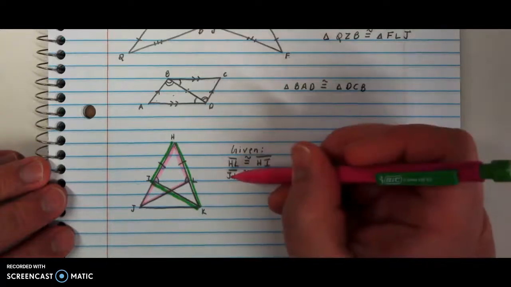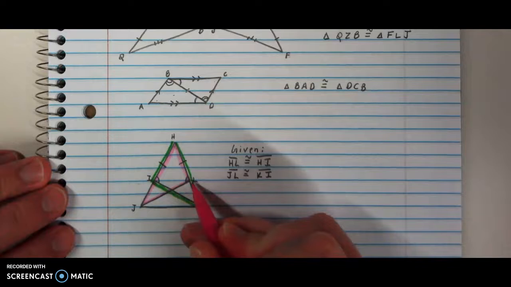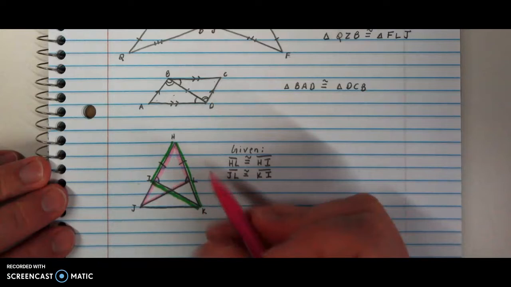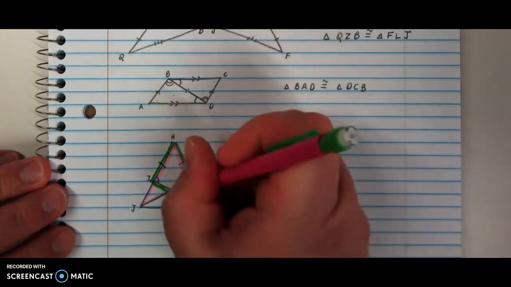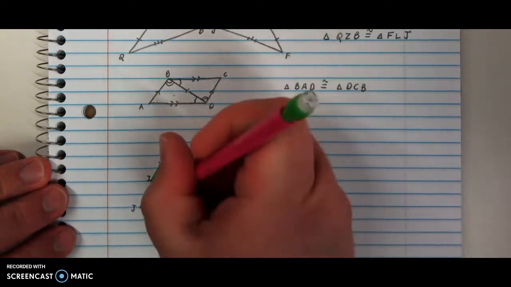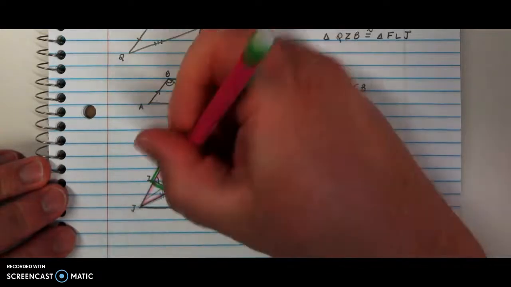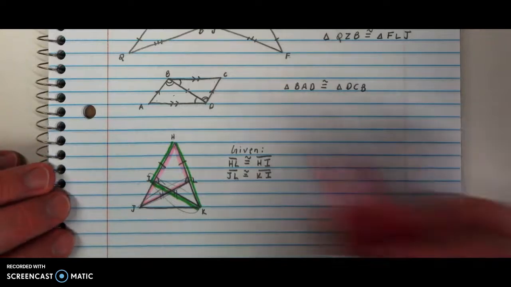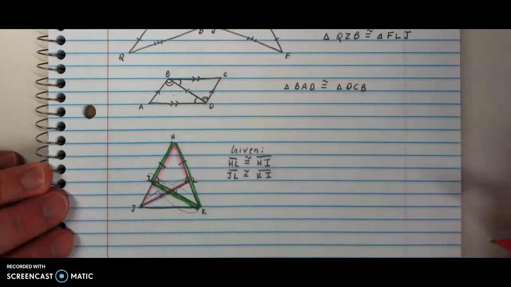And then we're also given that JL, this whole piece, is congruent to KI, this whole piece here. So I'm not going to mark that just because it might be confusing to see. Well, maybe I will. Maybe I'll put 2 slashes here and 2 slashes here just to show that the whole piece is congruent. So hopefully you can see that we have a side, angle, side scenario.